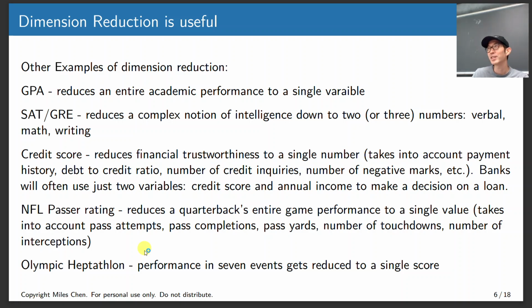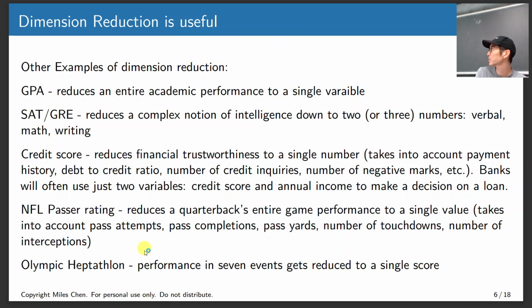This number is going to determine whether or not you can get a loan for a new car or open a new credit card. Usually banks, when it comes to lending somebody money, make their decisions based on credit score and annual income, the two primary factors. And again, very reductive.